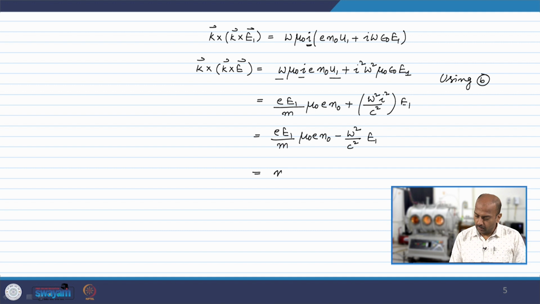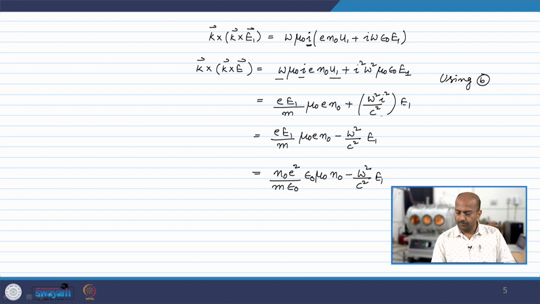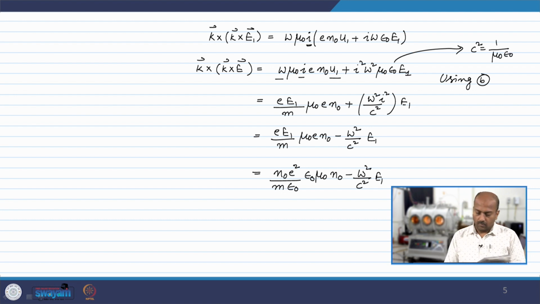is equal to, we will write n naught e square by m epsilon naught mu naught, minus omega square by c square E1 here. Right. So, I have multiplied numerator and denominator with epsilon naught just to get this factor out, n naught e square by m epsilon naught.